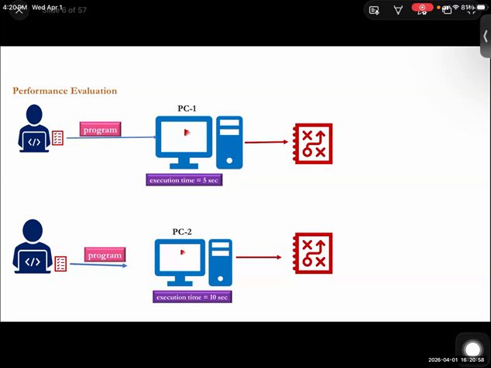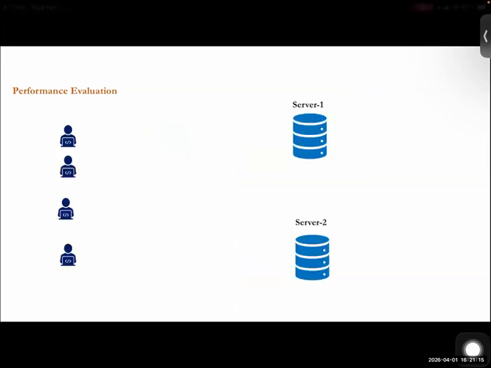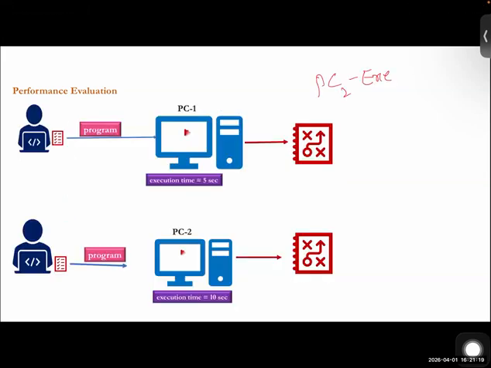So in this example, if we take the performance of PC1, that is in terms of the execution, right? So we are saying that the PC2 execution time is greater than the PC1 execution time.